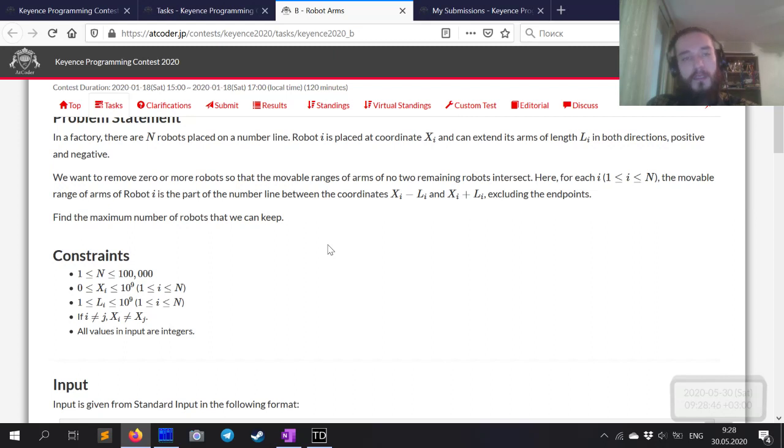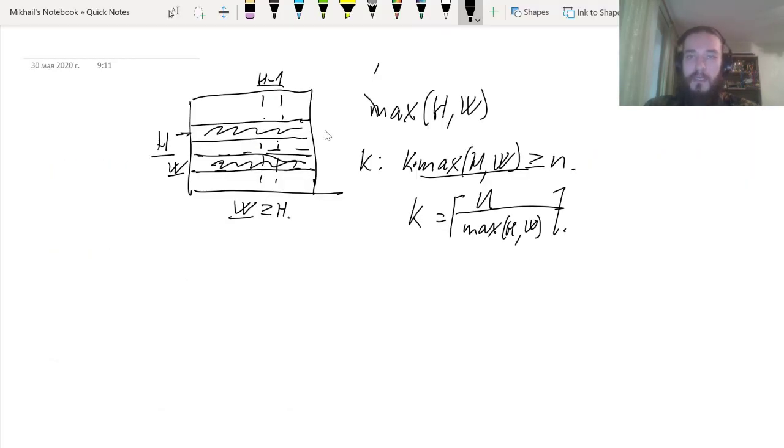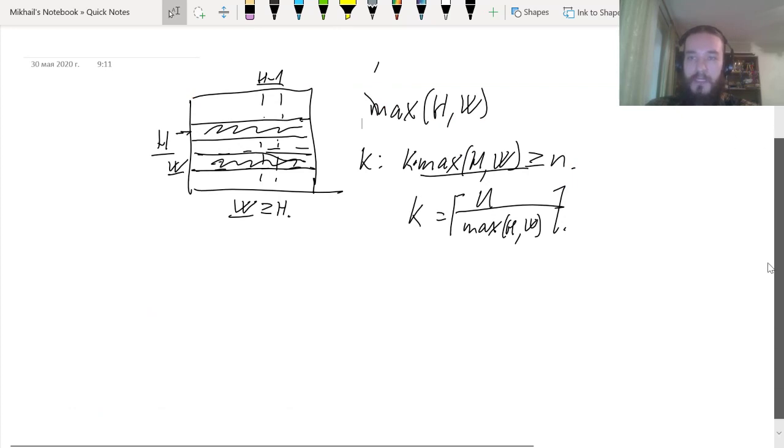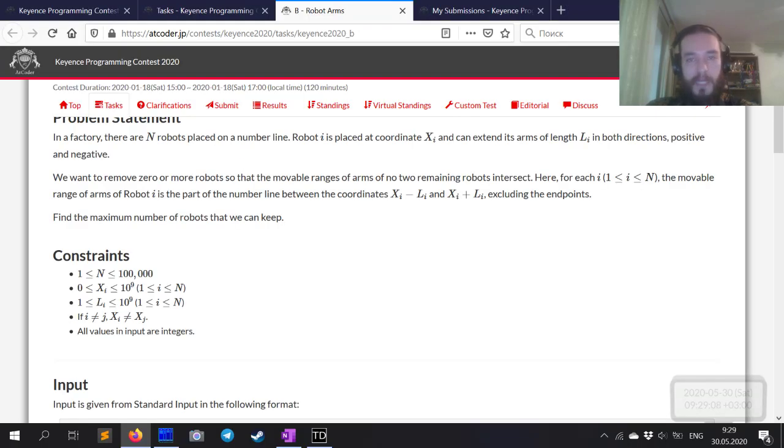Okay, so what that means is, the problem statement is we have some endpoints for each robot.